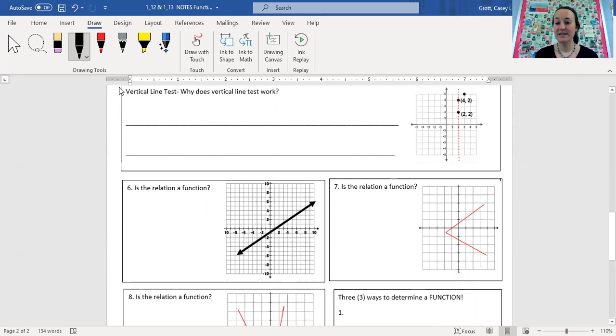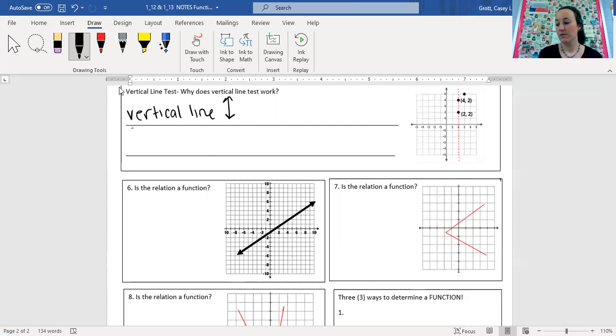So the vertical line test, we're going to start with a definition and then we're going to show you what it looks like. Okay. The vertical line test, let me get my true definition for you guys. It is obviously a vertical line. Remember, vertical lines go up and down.